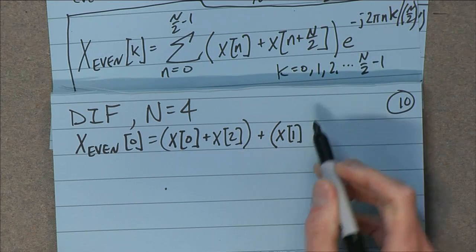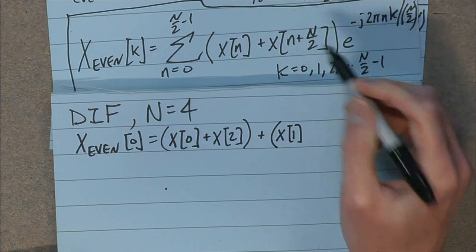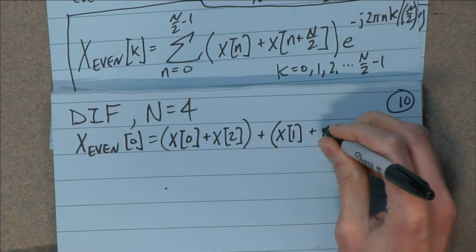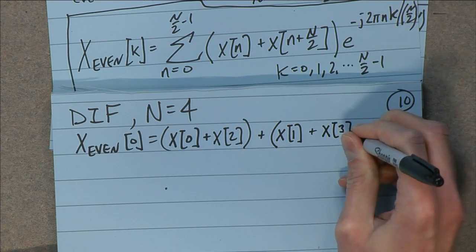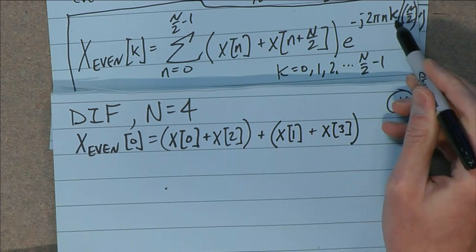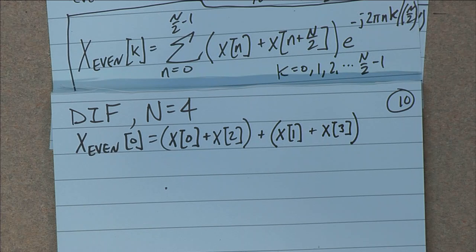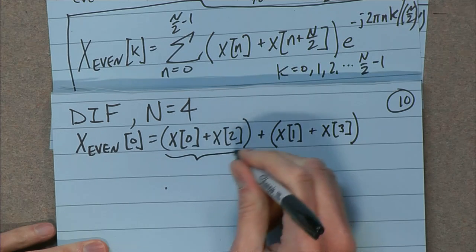Now n is 1, and N over 2 is 2, so that's x of 3. Now n is 1, but k is still 0, so that twiddle factor goes away. We end up with just a sum. And that's something you probably already knew, because when you take a DFT, the 0 bin is always the sum of all the data, right? So it had better work out that way, or something's amiss.